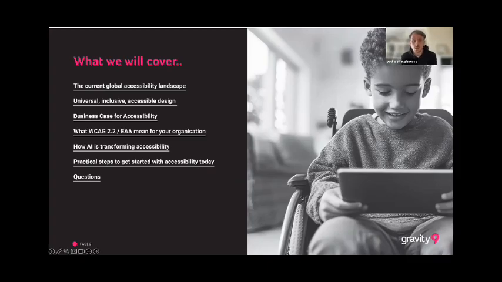I will then give a quick overview of what WCAG is and what's new in its latest version 2.2. Then we'll also cover what will happen when the EAA comes into effect, and what that means for your business. Then, nearing the end of the talk, we'll address what's going on with AI and accessibility before going into some practical steps on how you can prepare for the EAA, and then we will finish up with some questions at the end.